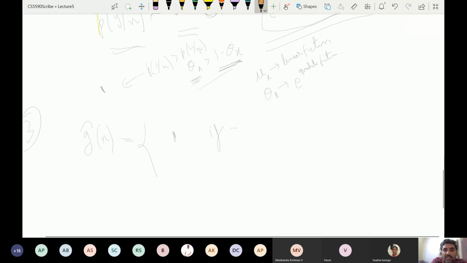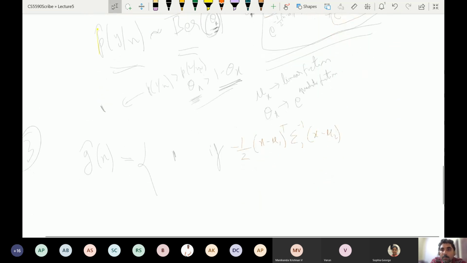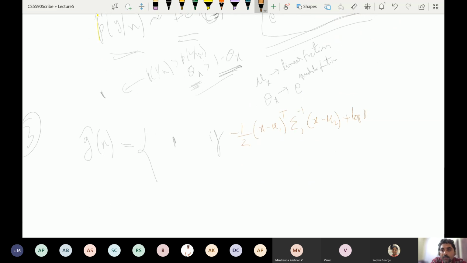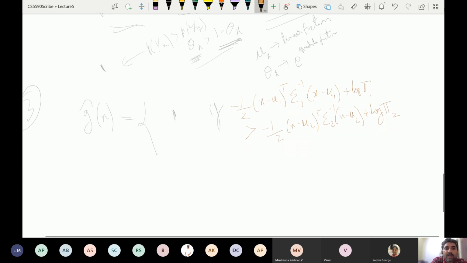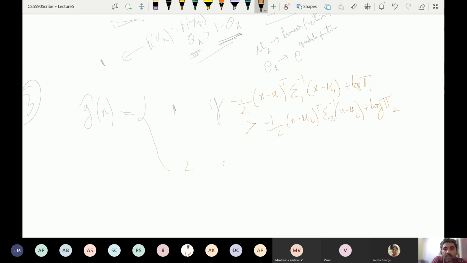So I can just say: if minus half x minus mu1 transpose sigma 1 inverse x minus mu1 plus log pi 1 is greater than minus half, again the same thing for the second class, then 1, and 2 otherwise.